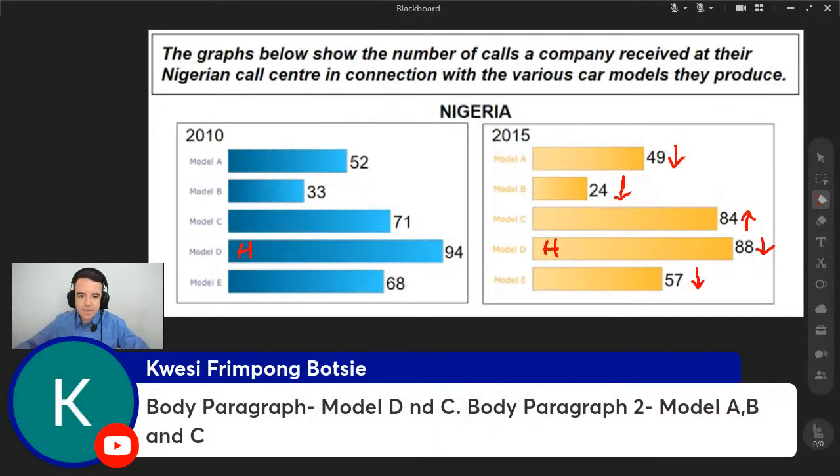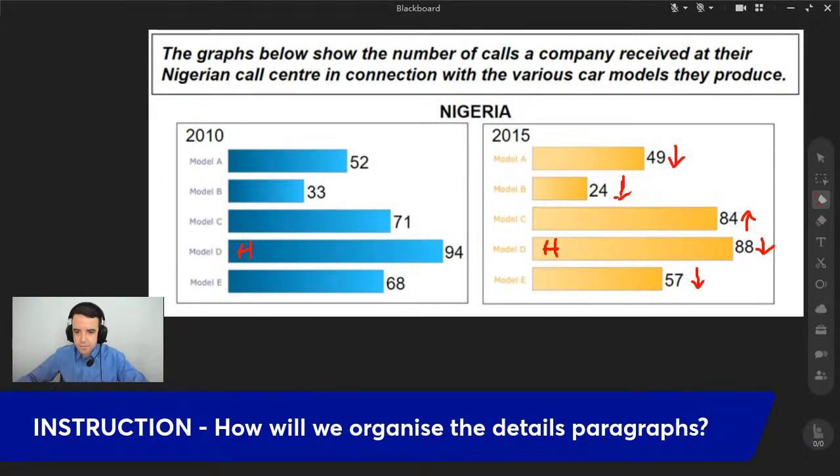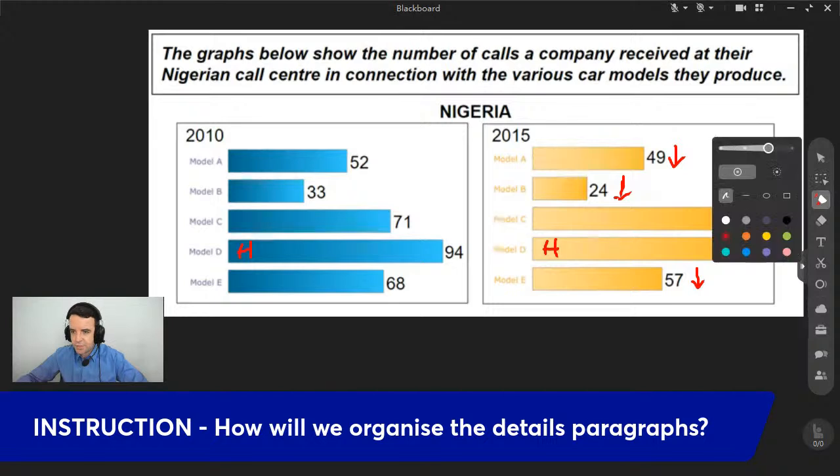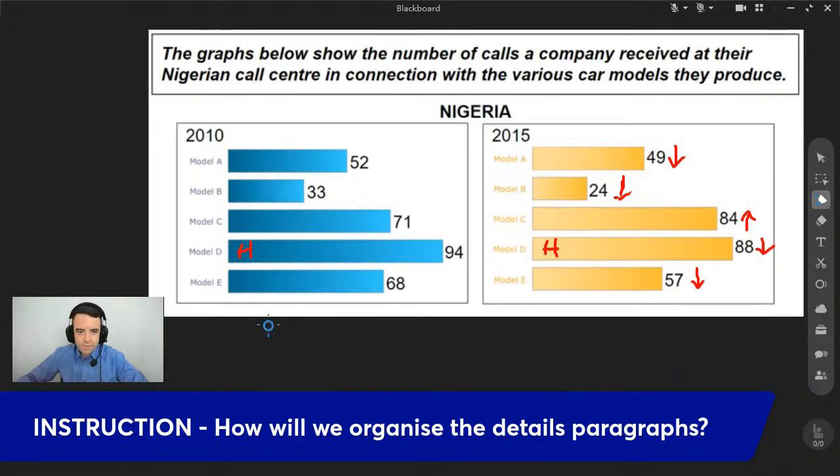I would be inclined to go with Quasi, except Quasi wrote C instead of E by accident, by the looks of things. So I would go with this. Let me just change the color of this so it's easier to see. I would go model C and model D in the first body paragraph, in the first details paragraph.